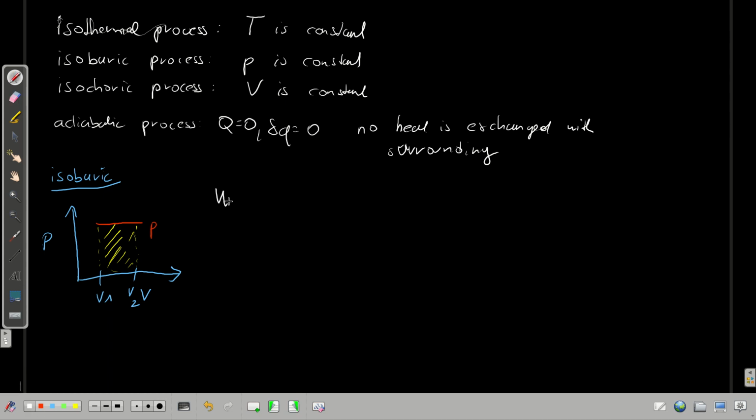Then for such a process, the work is minus the integral of P dV, and it's minus P delta V equals minus P (V2 minus V1).